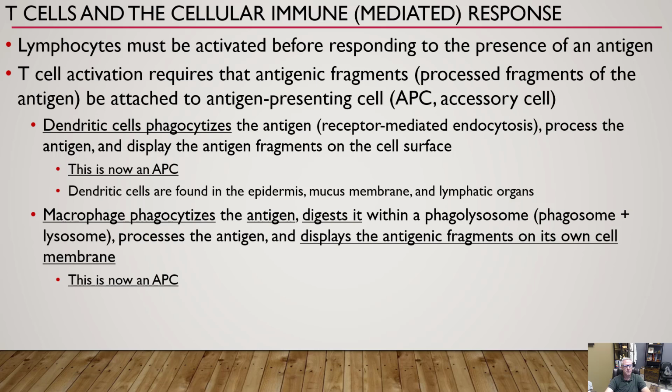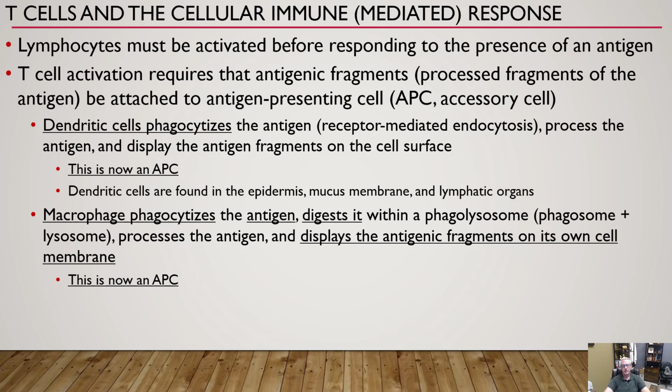All right, so T cells and the cellular immune response. We also call it a cell-mediated response. So these lymphocytes, before doing their thing, are going to have to be activated.